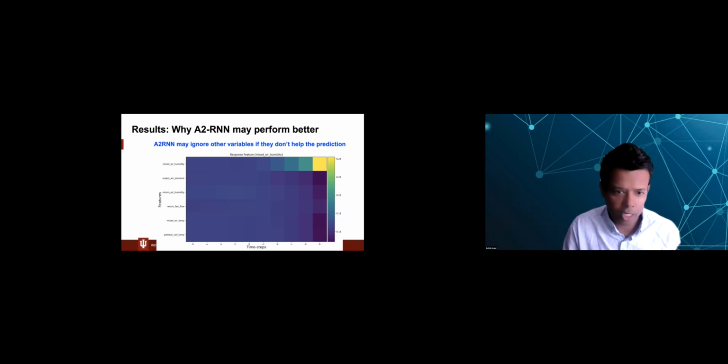Other variables are not that important. The model is identifying this automatically. If it recognizes that other variables are not very helpful for future prediction, then it can simply ignore them, and that will be done automatically from training data. We don't have to do anything to make this happen.